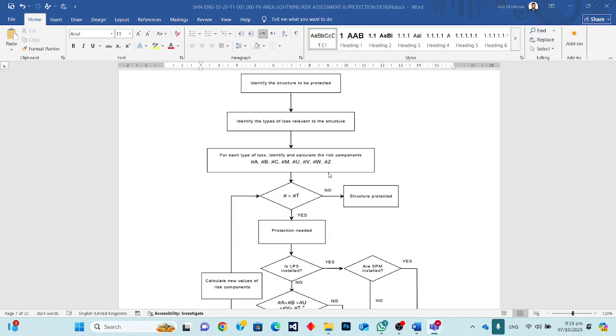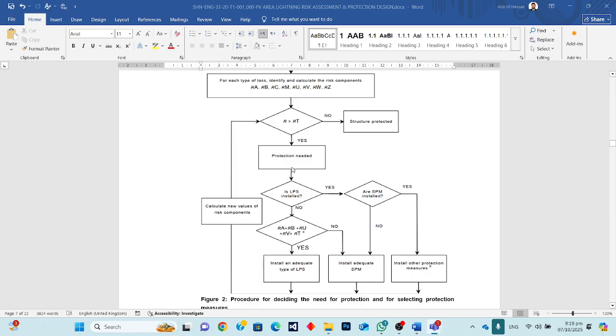When we move to the next step, we will see how from these components we calculate risk for R1, R2, R3, and R4. If the total risk is higher than RT, RT basically being the tolerable risk limit, then protection is needed. If no, the structure is protected, no issue.